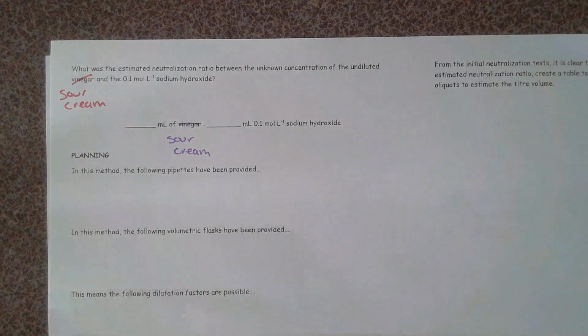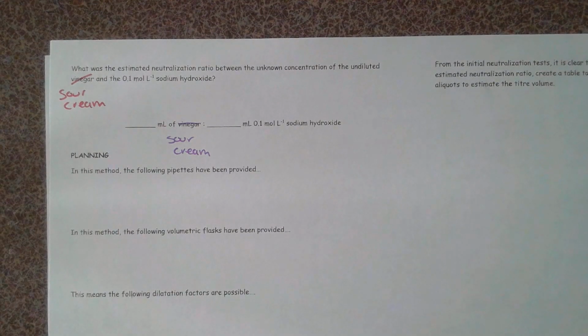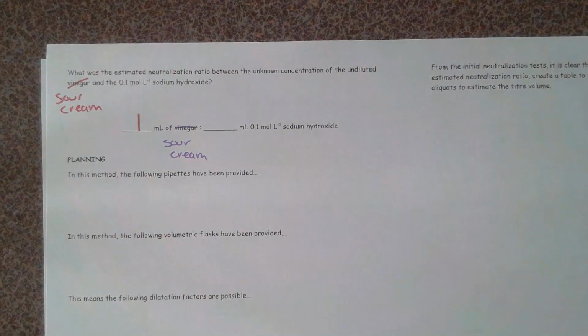So we'll fix that. All right, how many mils of sour cream did we add? Just the 1 mil. And then you added the sodium hydroxide. We had a range of 11 to 16. That is fine, because this data is not supposed to look good. Whatever number you get is the number I want you to use for your calculations.